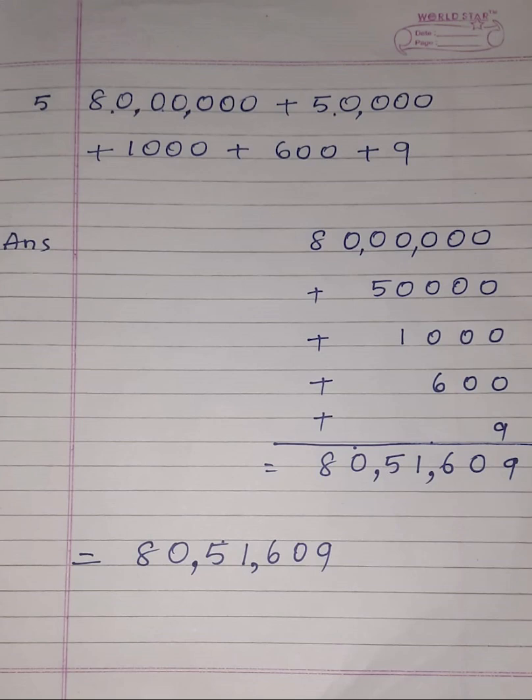So first you have to write 80 lakhs plus 50,000 plus 1,000 plus 600 plus 9. When you add up, see that there is enough space between the digits, like when you are writing 80 lakhs.